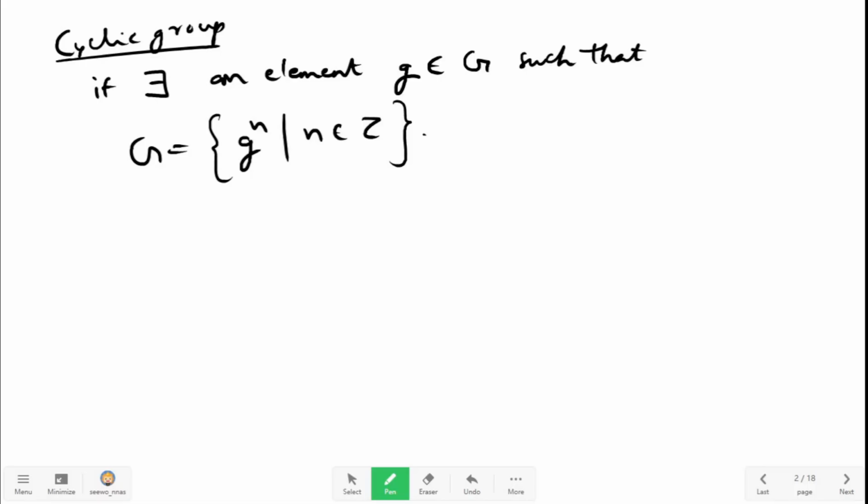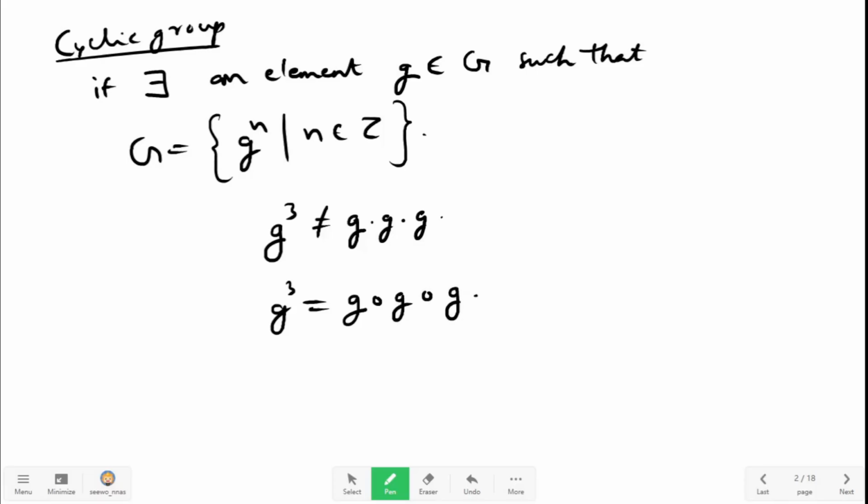Here g raised to n is not multiplication. For example, g cube is not g into g into g, but is actually g operation g operation g. This operation can be multiplication, rotation, or any other operation as well.